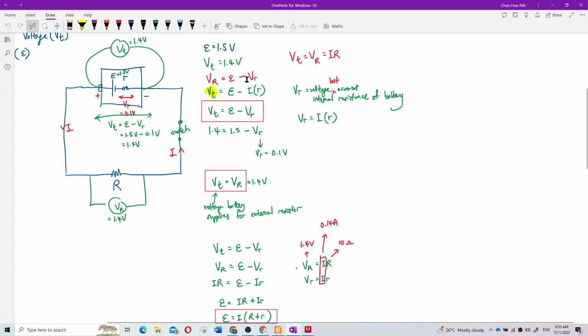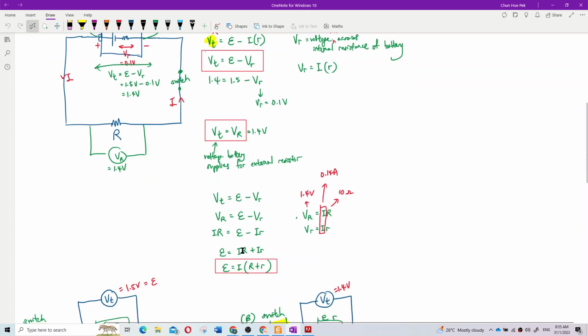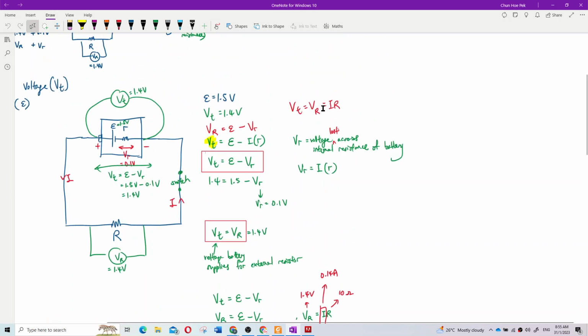That's all. So if V small r goes to the other side, it becomes the formula that we recognize. Okay, the terminal voltage is the voltage across the external resistor. Okay, want to write it down for you.